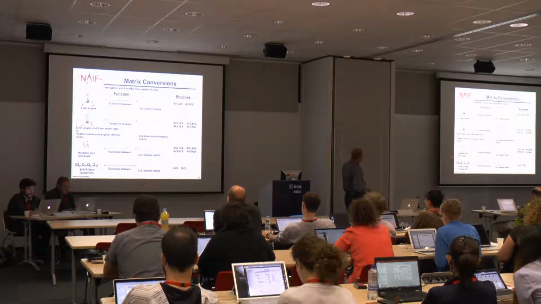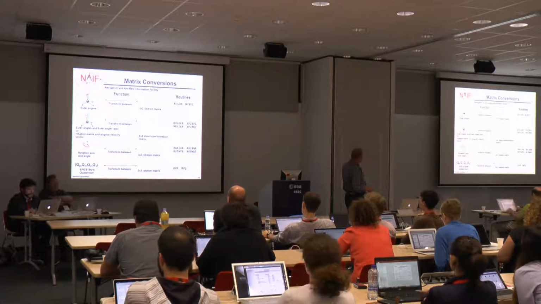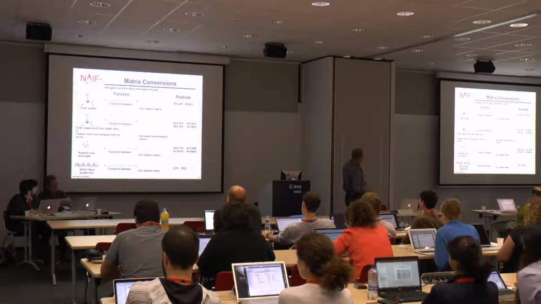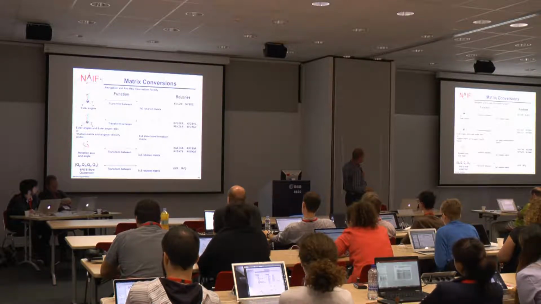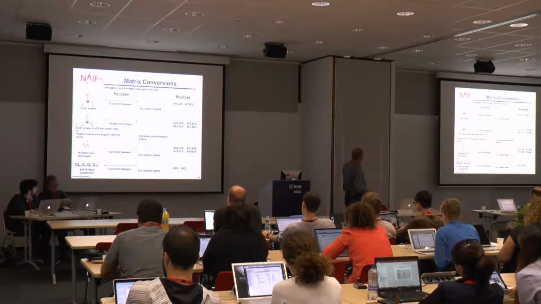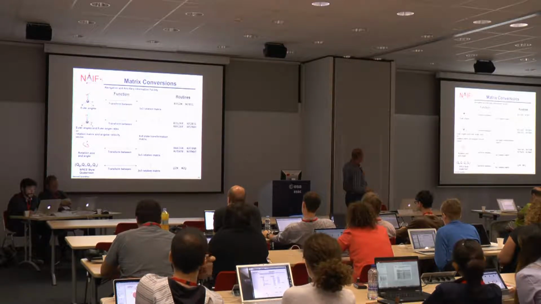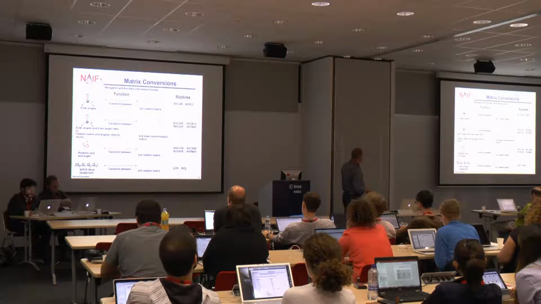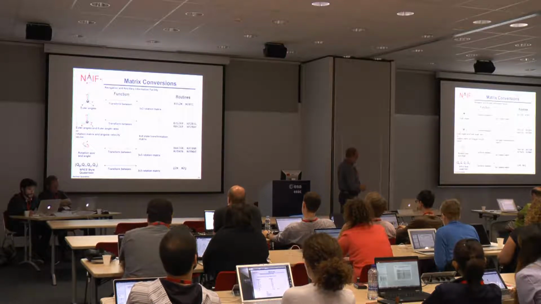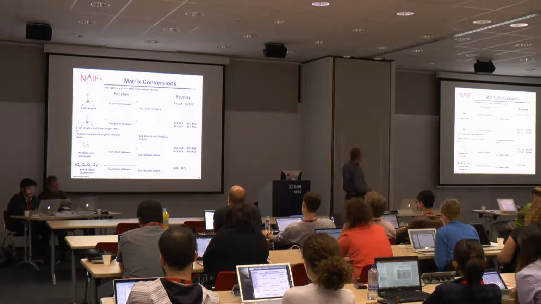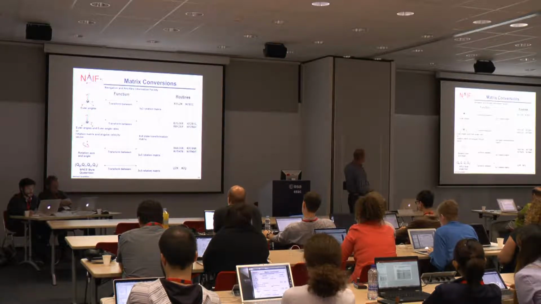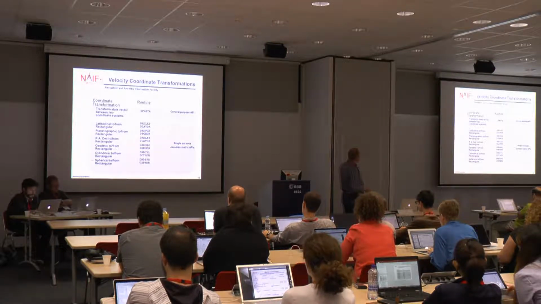The transformation from rotation axis and angle is raxisa, rotation to axis and angle, and axis and angle to rotation. And for quaternions, it's even simpler: Q to M, quaternion to matrix, and M to Q, matrix to quaternion. And this is a SPICE-style quaternion that you must have as input. And we have a white paper that we mentioned in one of the previous presentations that explains that.